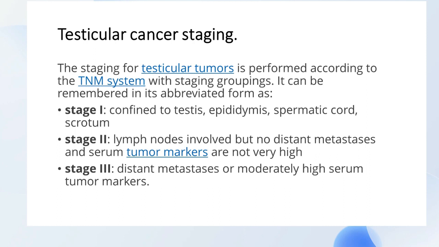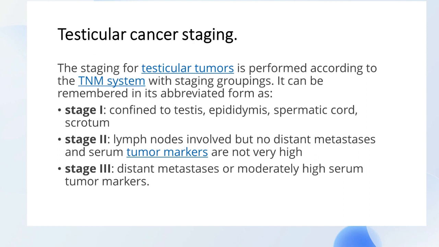But the screening for testicular cancer is also somewhat being standardized. There's what is called the TNM system that is being adopted by some departments, but it's not yet universal.